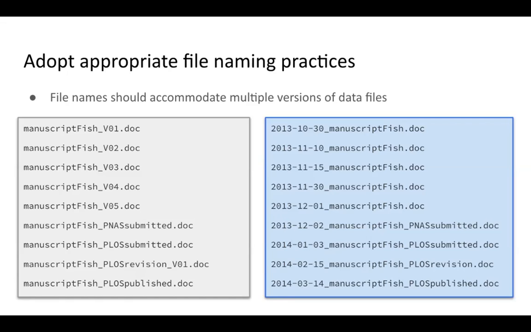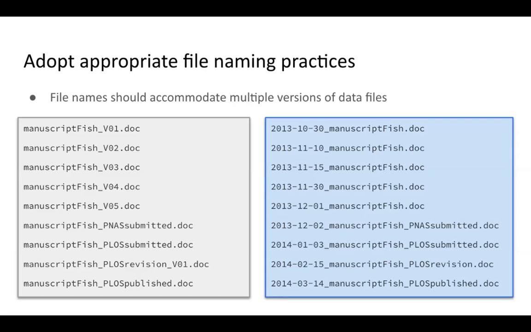You could also include information about the status of a file, for example, including draft or final, as long as you don't end up with confusing names like final 2 or final revised, and ensure that you are using final correctly. You could also use dates in your file names as well.